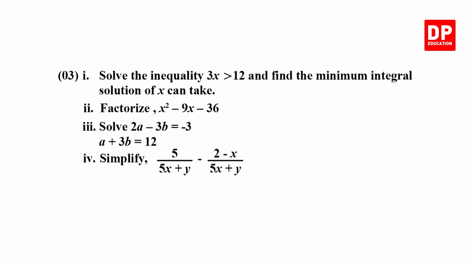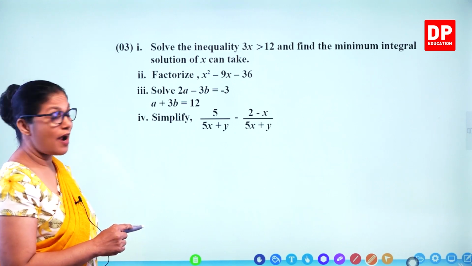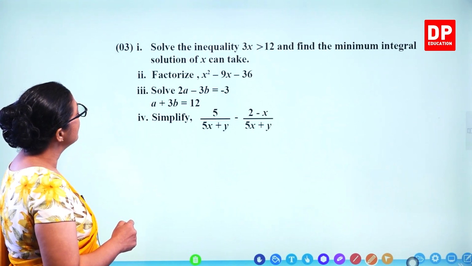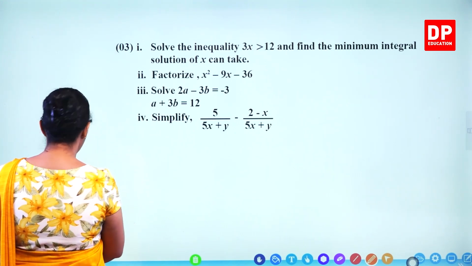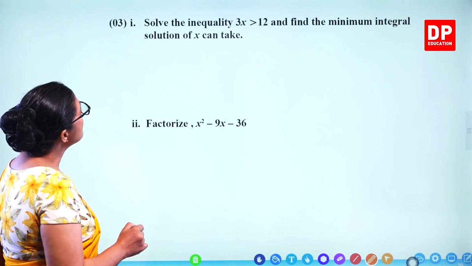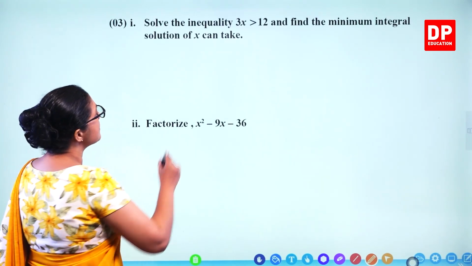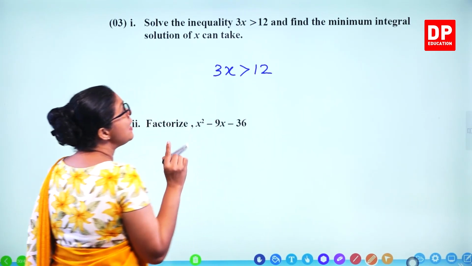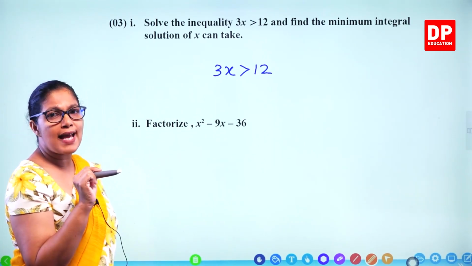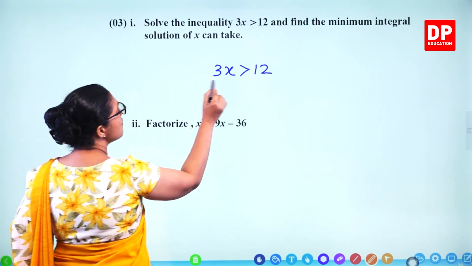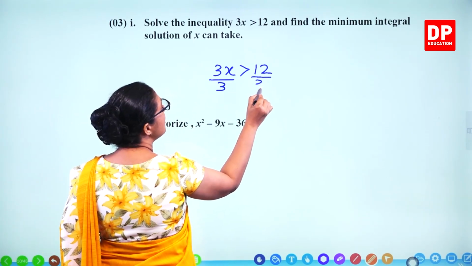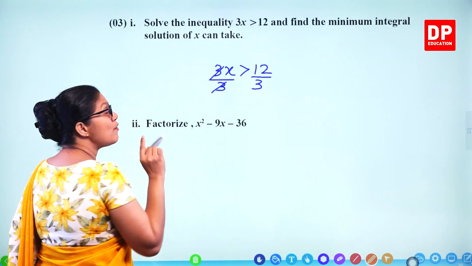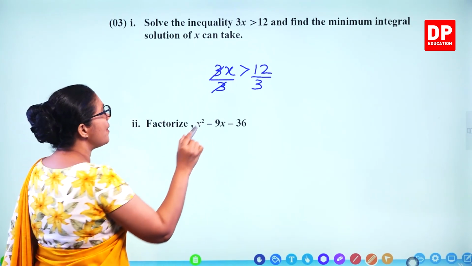Let's do question number 3. This is about algebra. So you get 4 parts. So we'll do them separately. First part, solve the inequality 3x greater than 12 and find the minimum integral solution x can take. So you can just divide both sides by 3. Nothing happens to the sign when you divide by a positive number.